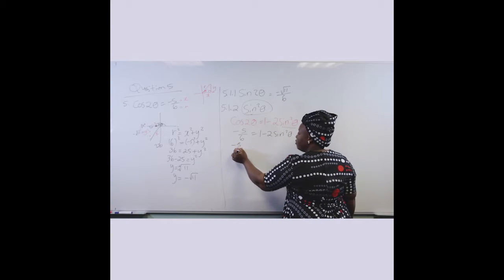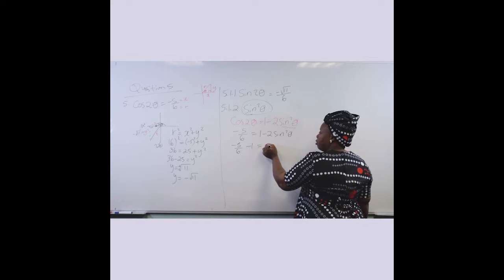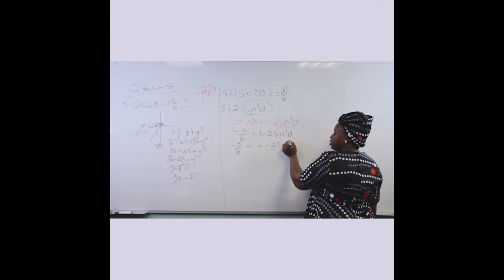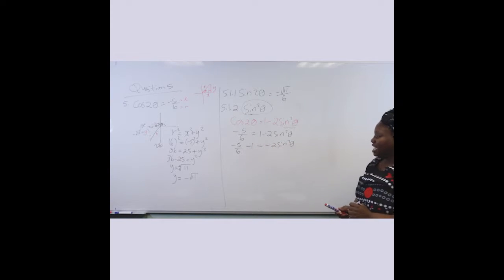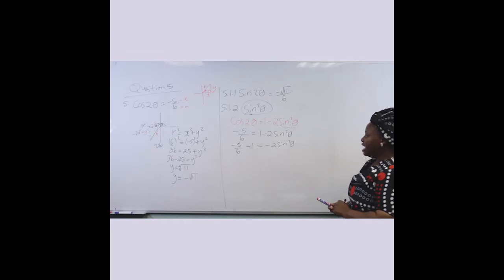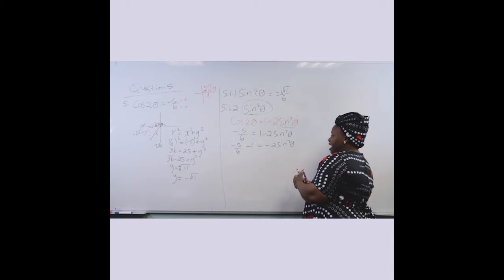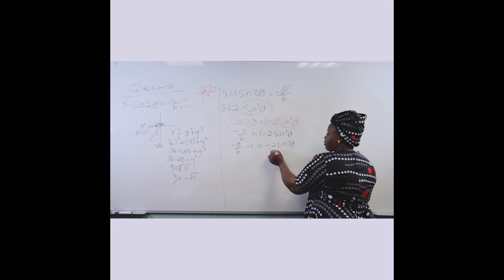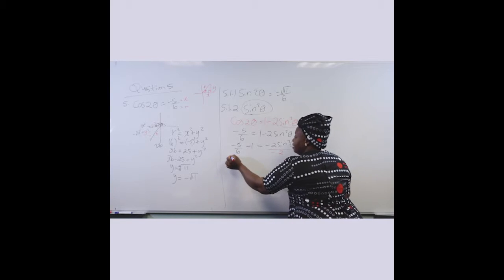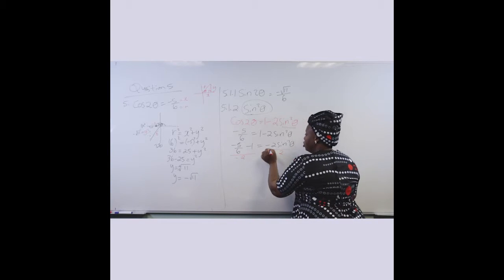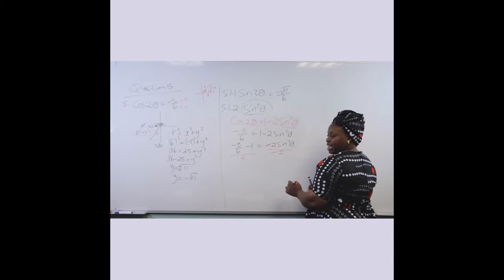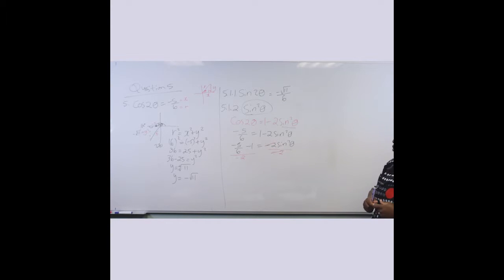So it's minus 5 over 6 minus 1 equals minus 2 sine squared theta. We still don't need the minus 2, so we have to take it to the other side as well. So we are going to divide both sides by that minus 2. The minus 2 will cancel with the minus 2. Then I remain with sine squared theta.